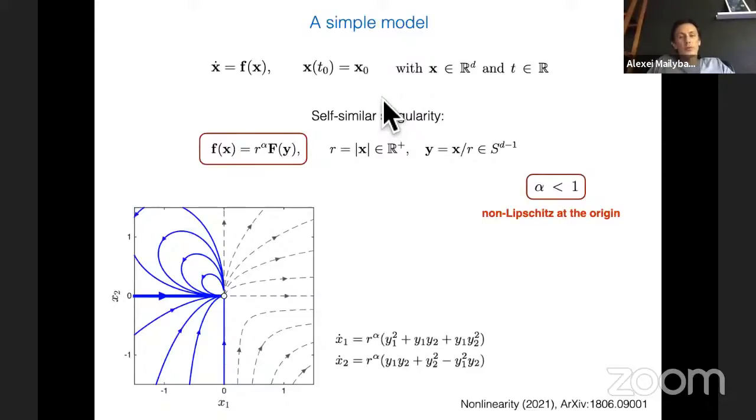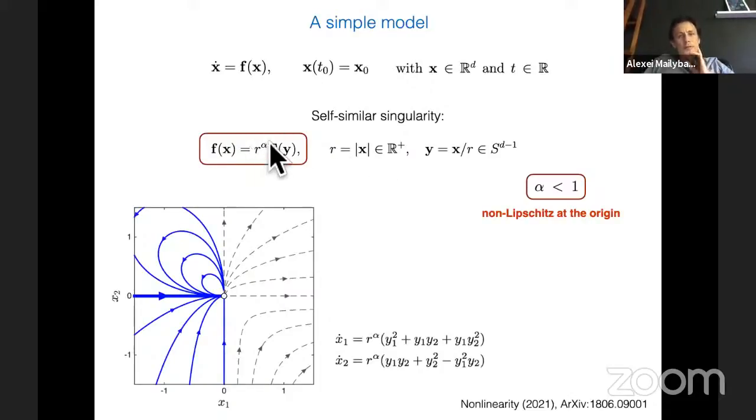However, we will do it not with this extremely simple example, but with a slightly generalized form of the same example. We will consider the equation in the space of dimension d. So it's a vector, a system of ordinary differential equations. And the right-hand side will have this function r^alpha, where r is a norm.